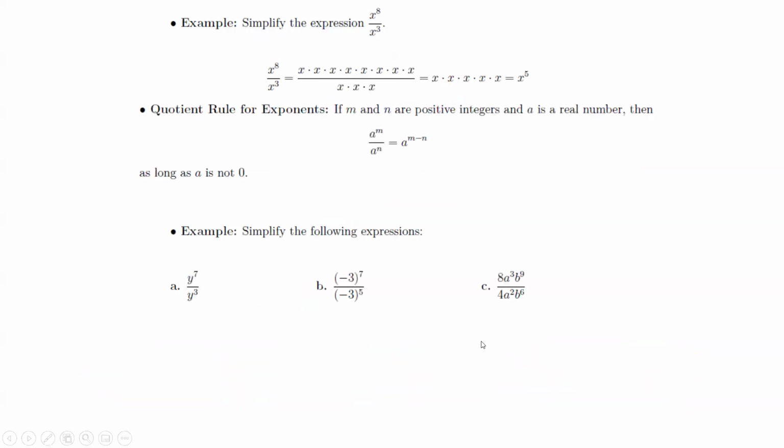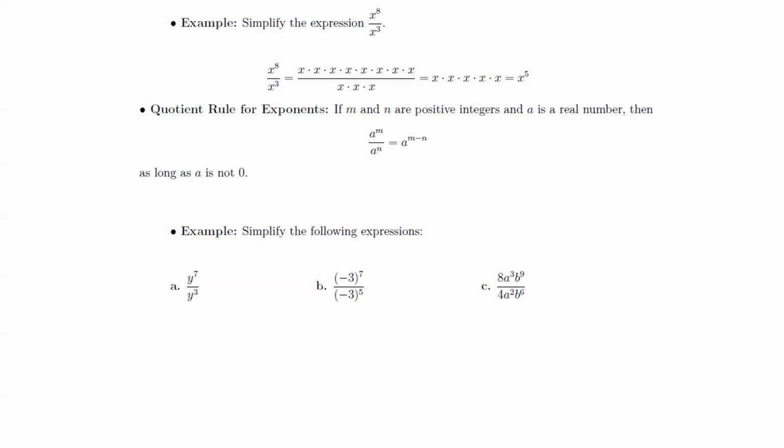But one more here. We talked about what happens if I multiply like bases. We discovered that if we multiply like bases, we end up adding the exponents. So if we divide like bases, it might stand to reason that we would subtract exponents, and that's exactly what we do. Because look at this. If I have x to the eighth, that means there's 8 x's multiplied on top. X to the third, there's 3 x's multiplied on bottom.